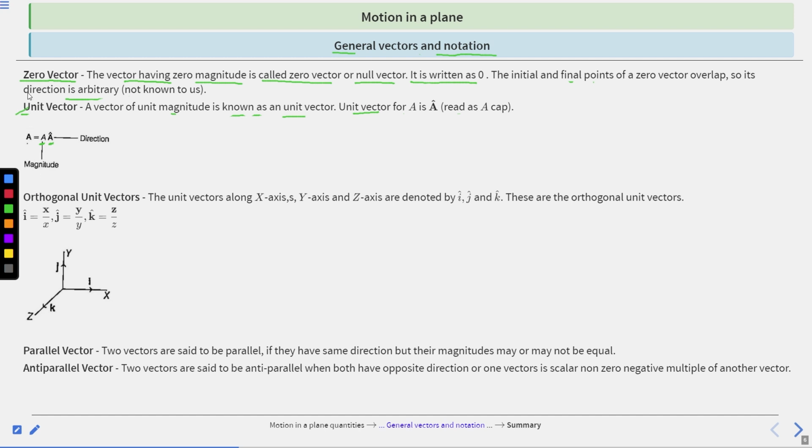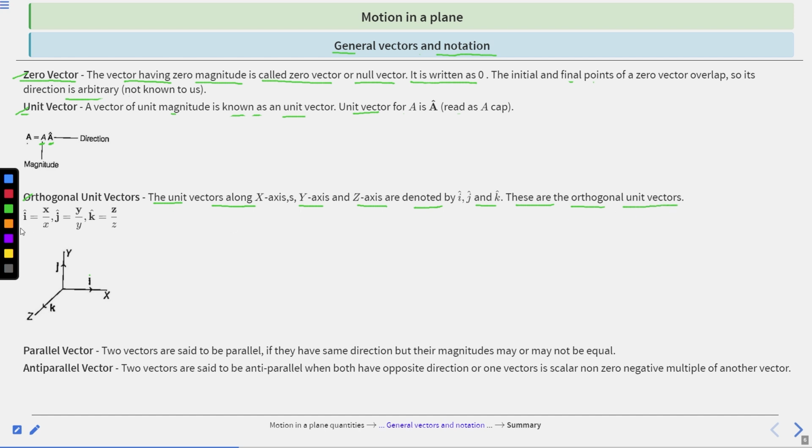Next is orthogonal vectors. The unit vectors along the x-axis, y-axis and z-axis are denoted by i cap, j cap and k cap like this. These are orthogonal unit vectors.